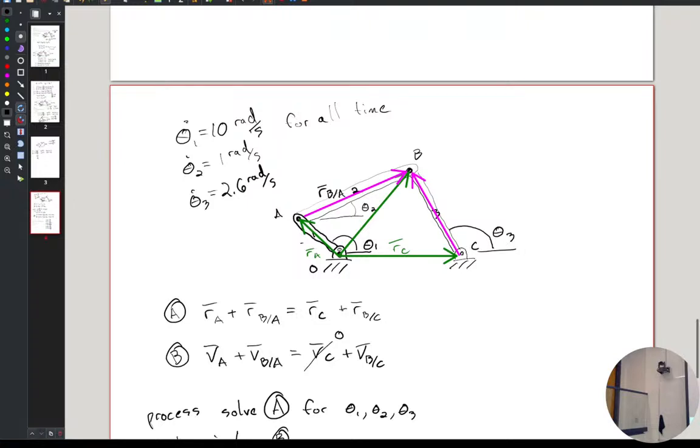Yeah, it's hard to tell. This direction. Okay. So we know it is. So theta 2 should be decreasing 1 radian per second. Theta 2, that would be probably like that.